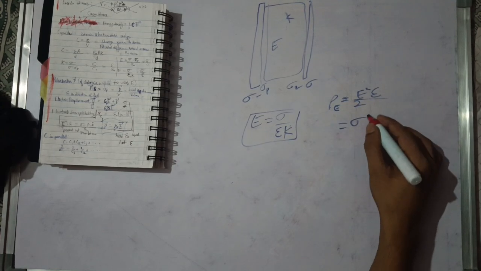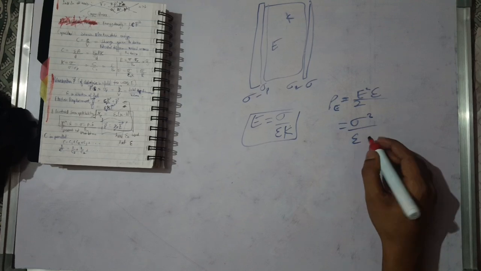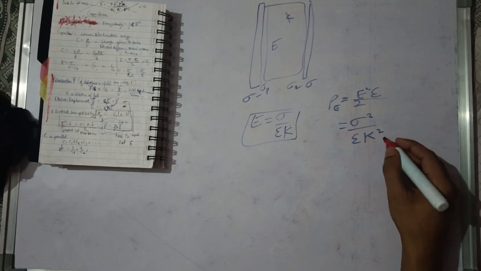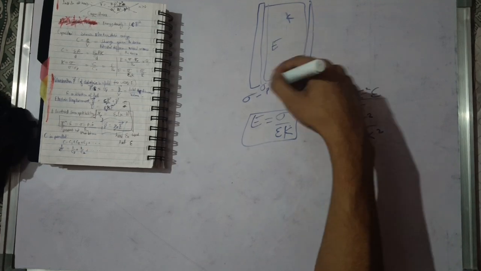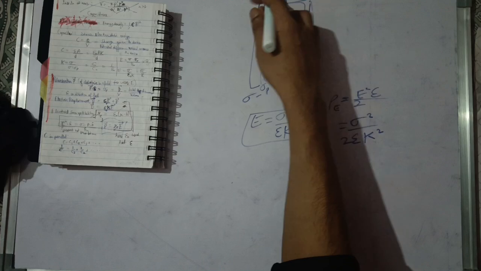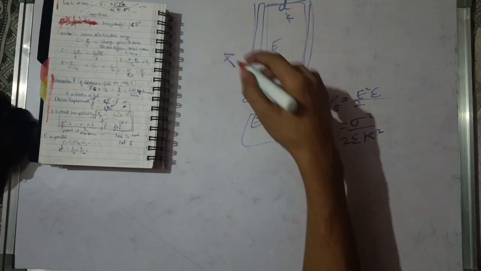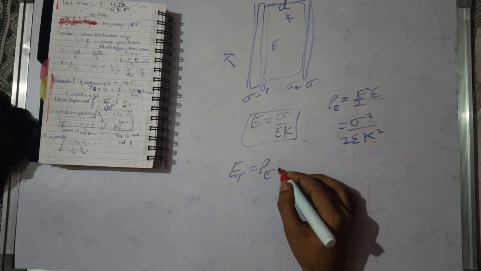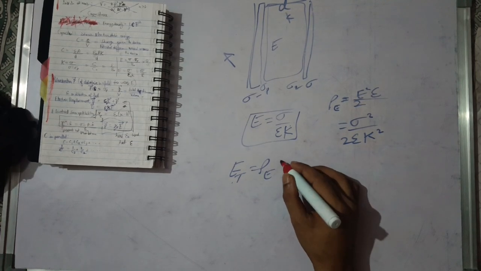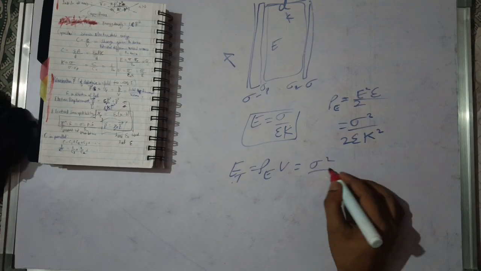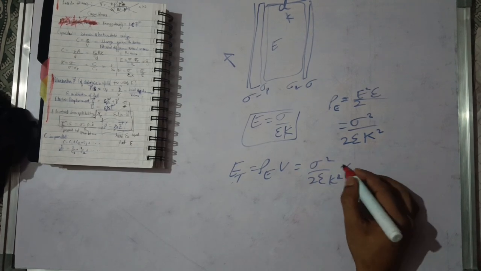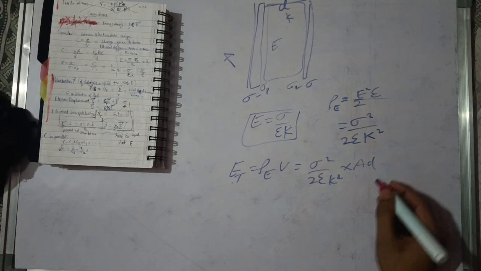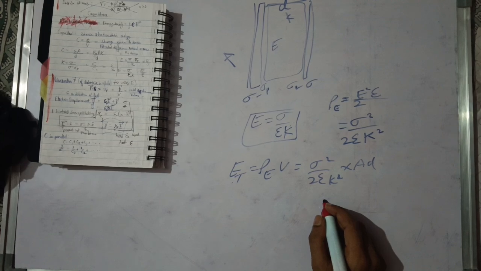So the value of energy density is sigma square upon 2 epsilon K square. Now the energy in this volume, where the width is d and the area is A: the total energy is the density of energy multiplied by the volume A d.